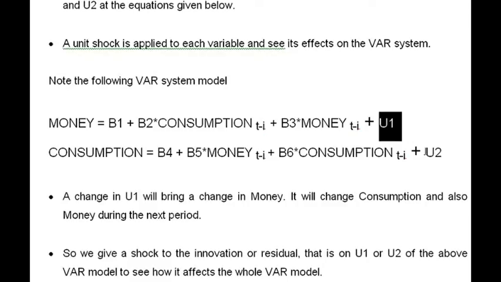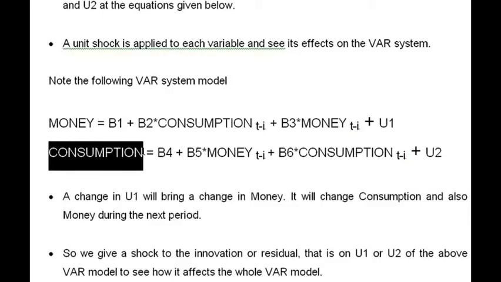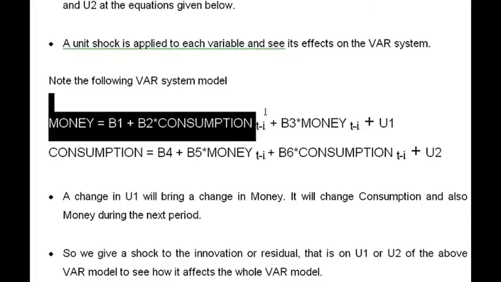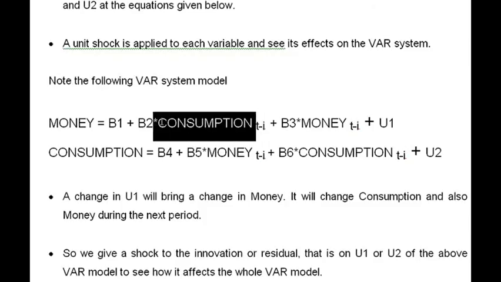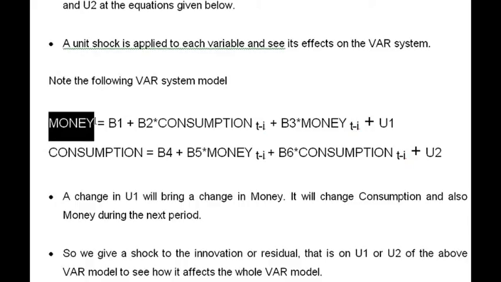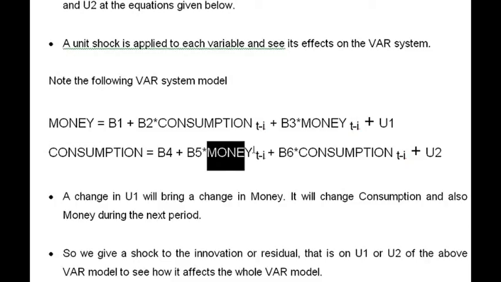In a similar way, if a shock is given in u2, this shock will affect consumption, and you see that consumption is also here, right? This consumption will affect money supply, and you can see money supply is also here.